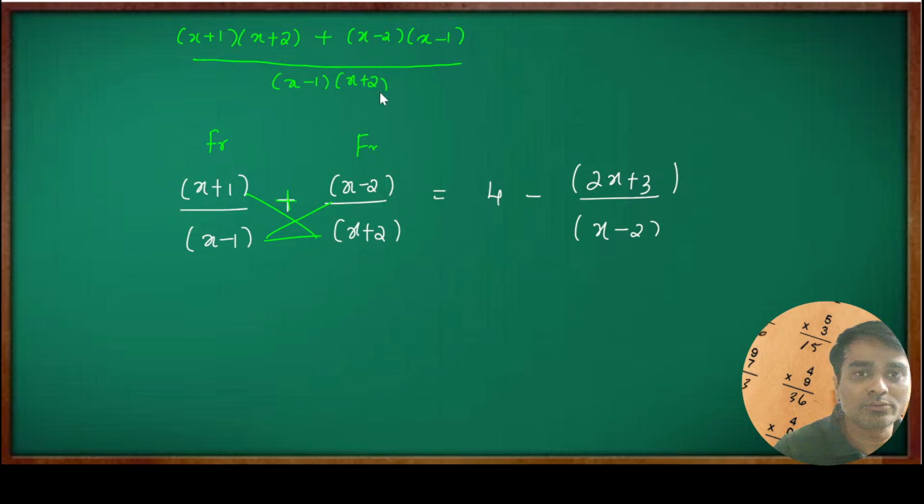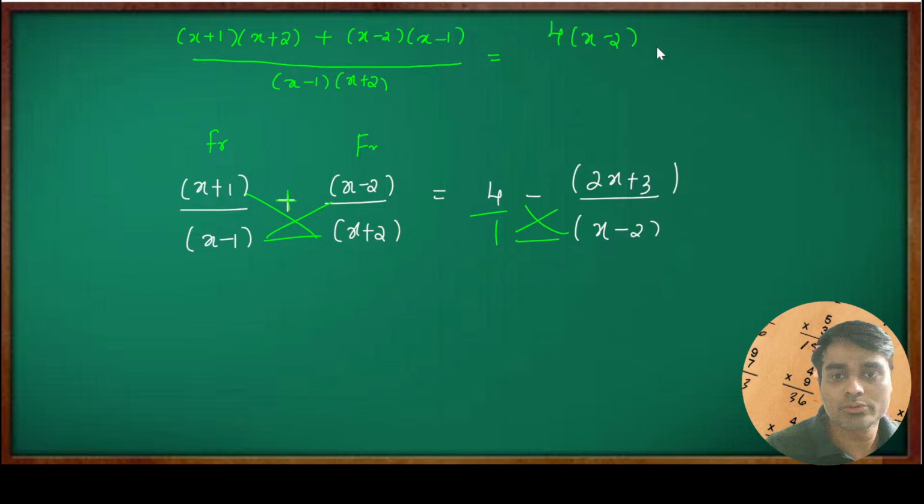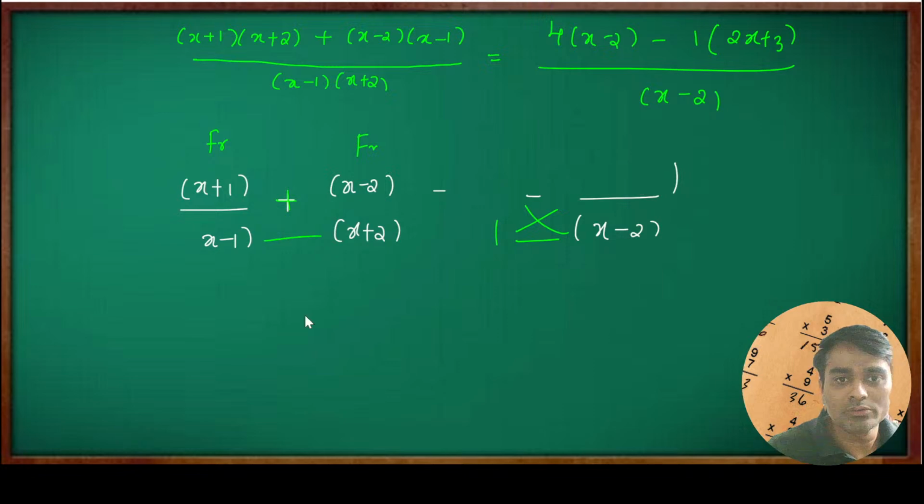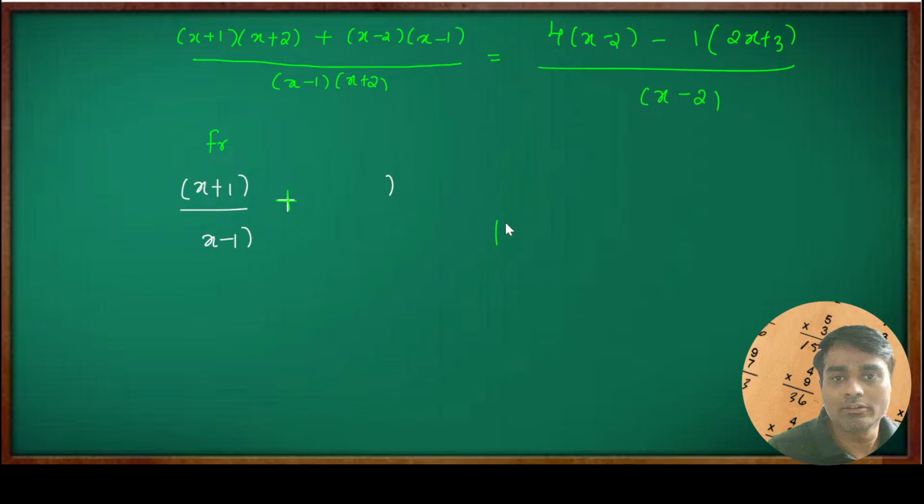This side also you can take as 1 and cross: 4 into (x minus 2), then minus 1 into (2x plus 3) divided by (x minus 2).